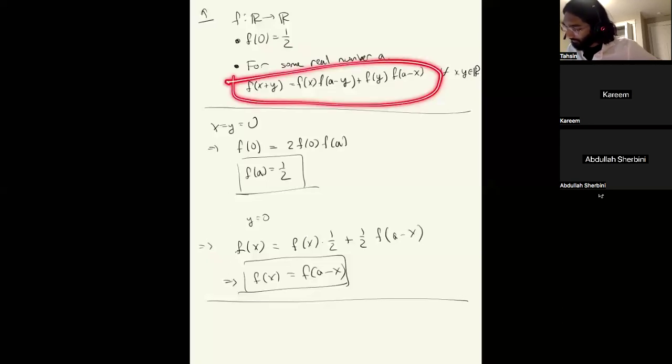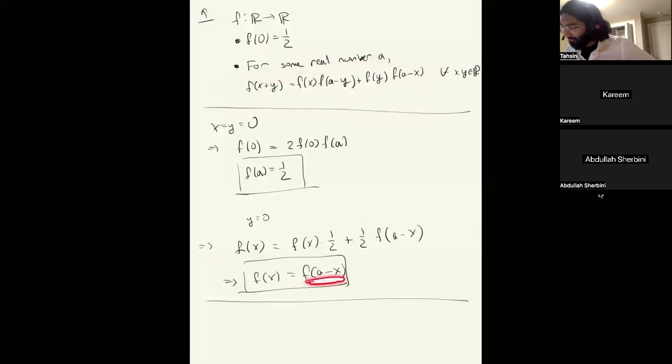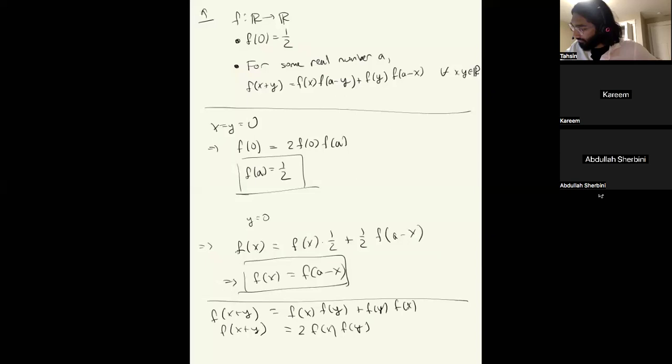I guess there's an observation here that this f of a minus x term appears in two places in the functional equation. So maybe we start with that. We say f of x plus y is actually f of x f of y plus f of y f of x. And so this is 2 f of x f of y, right? Great. Yeah, and so that's maybe a simpler form to work with.